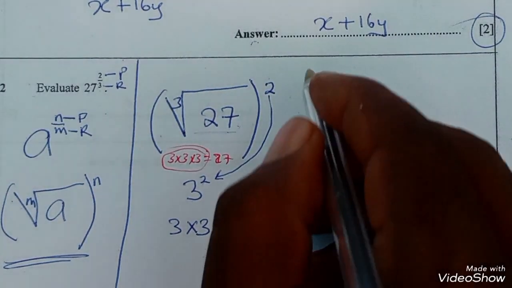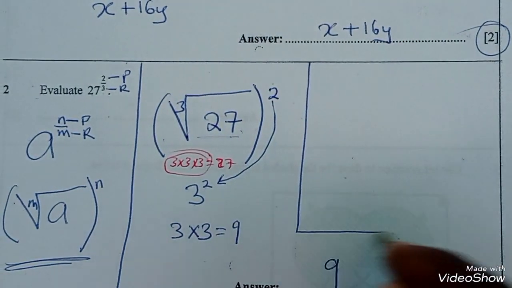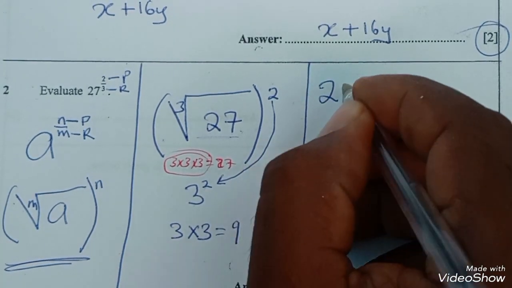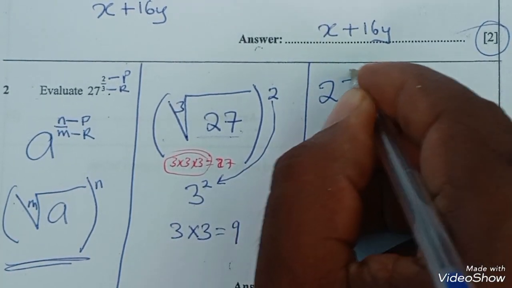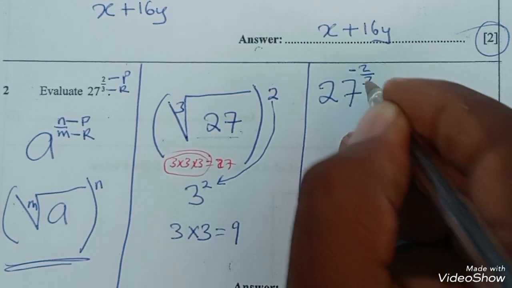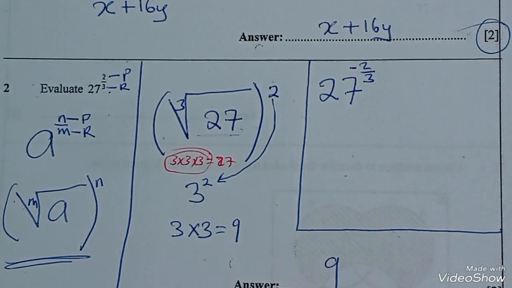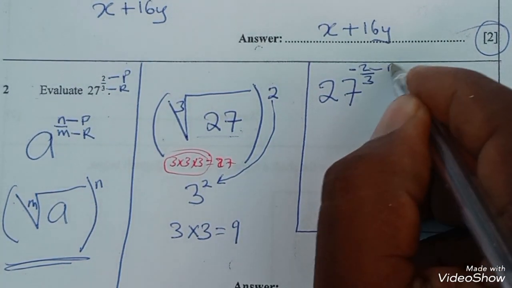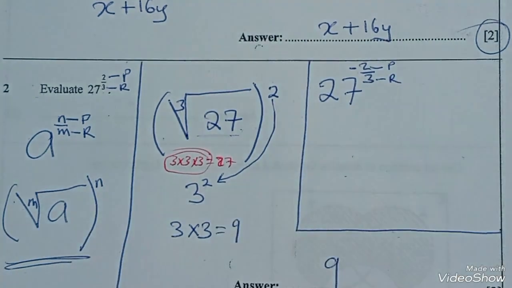Now suppose we add this criteria: 27 to the power negative 2 over 3. So we have the negative index. So remember, this is the power, this is the root.